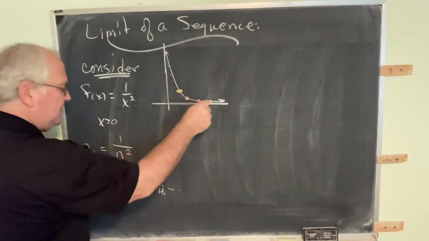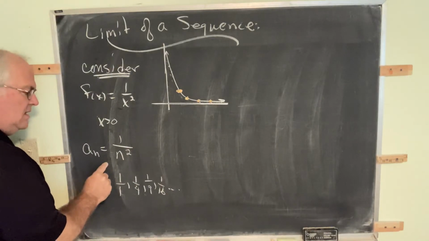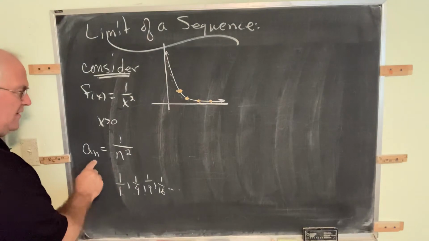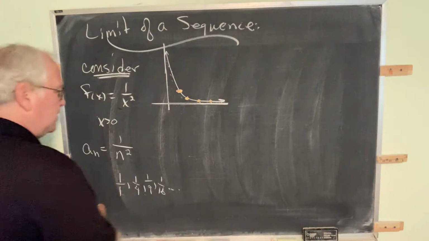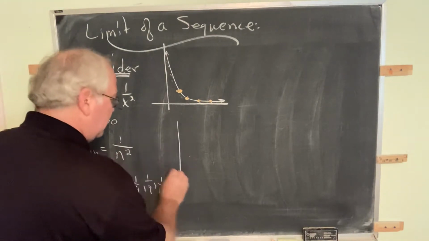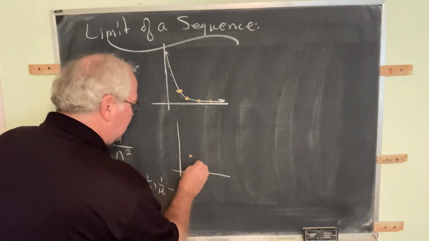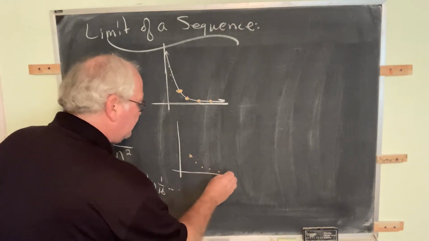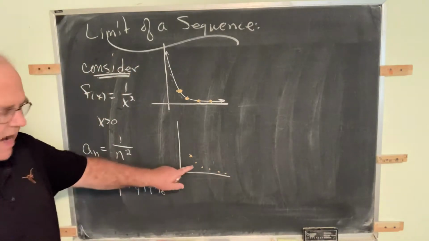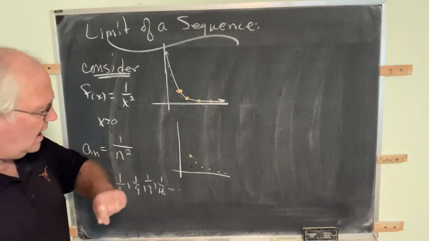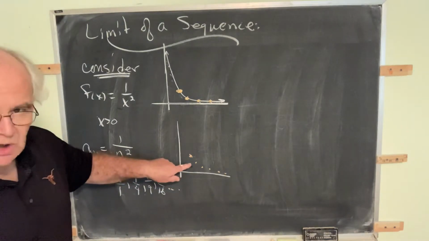You don't play connect the dots with the sequence because there are no values in between 1 and 2 in the natural numbers. So if you were to plot only the graph of the sequence, all you would get is, and the word is, a sequence of points. Discrete points. This is not continuous. You may not take the derivative. You may not use L'Hopital's rule.